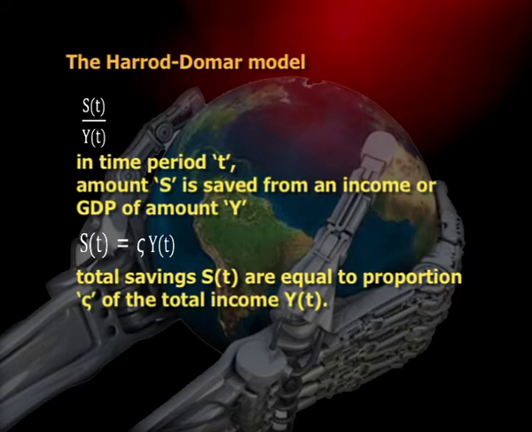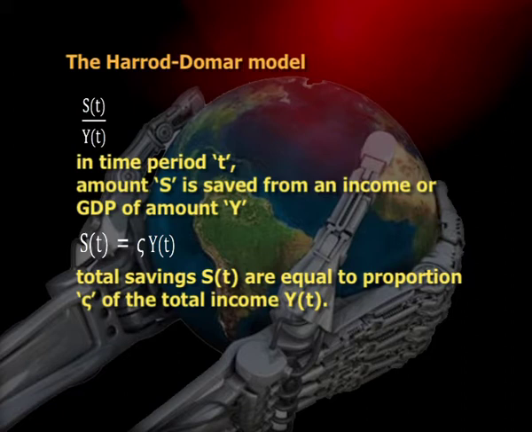Consider here that period T plus 1 is the year 2017, and therefore, period T is the previous year, which is 2016. Now, the saving rate small sigma is given by S T upon Y T, which means that in time period T, amount S is saved from an income or GDP of amount Y.